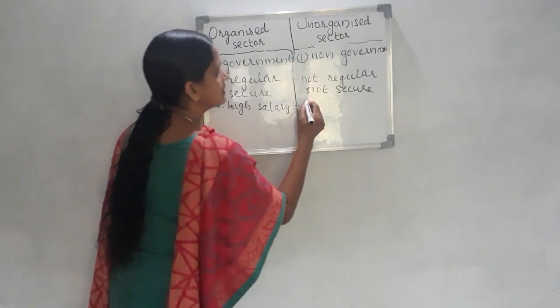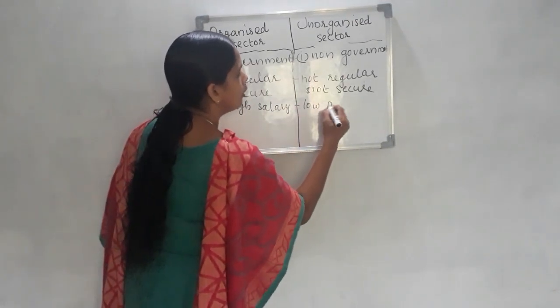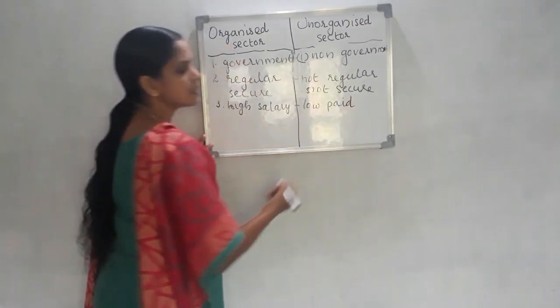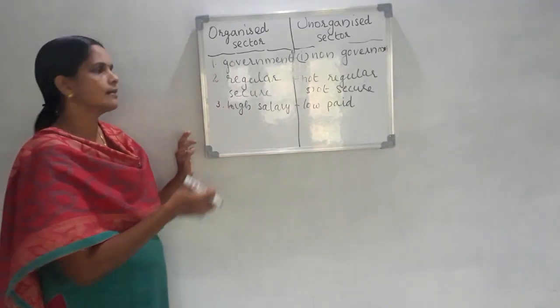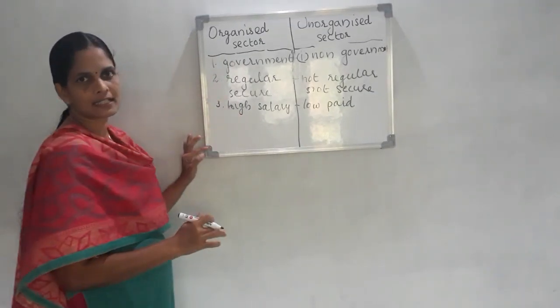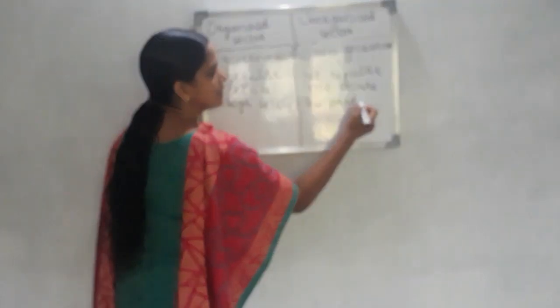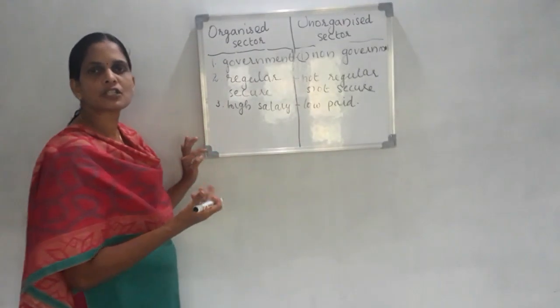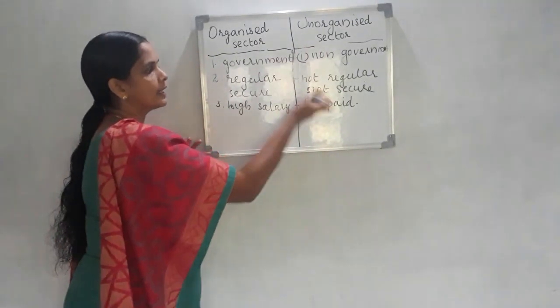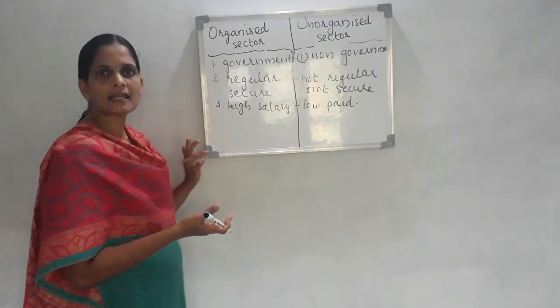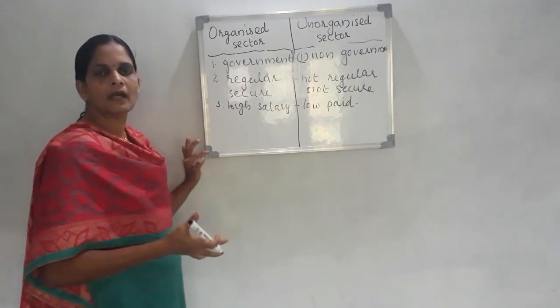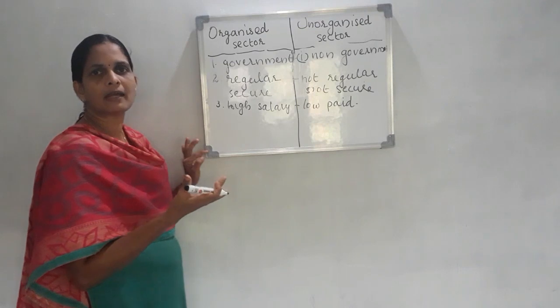But at the same time, jobs in the unorganized sector are low paid. That means they get less salary compared with the organized sector. It is low paid, and it is not regular also. There is no fixed time at all.